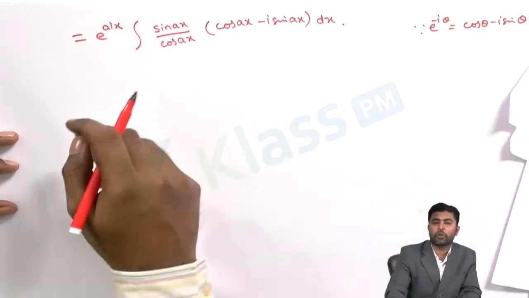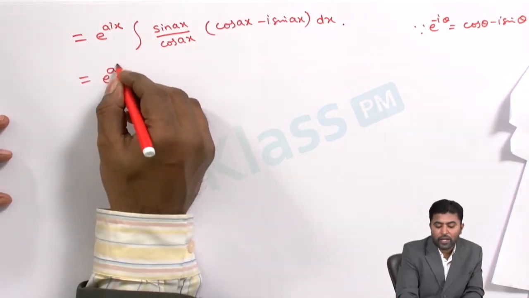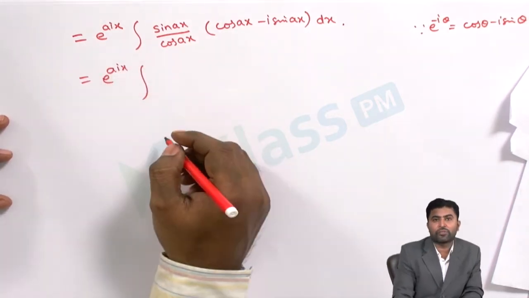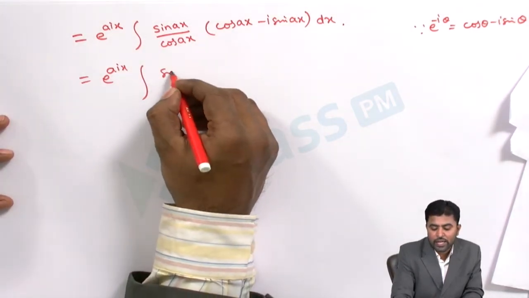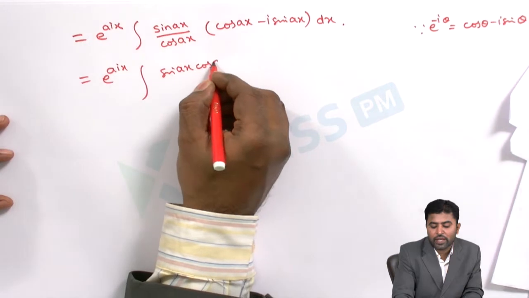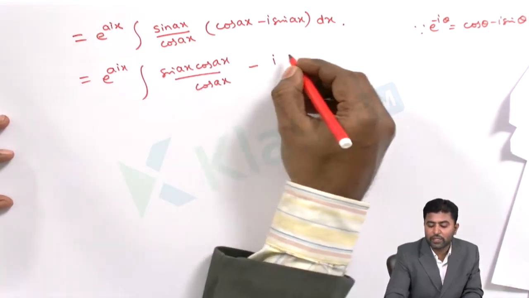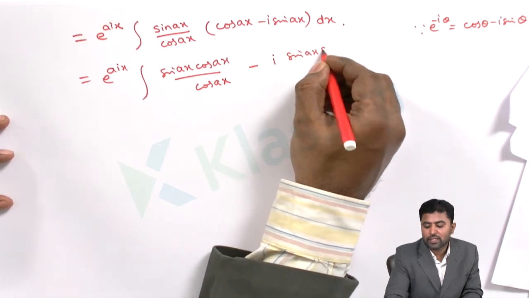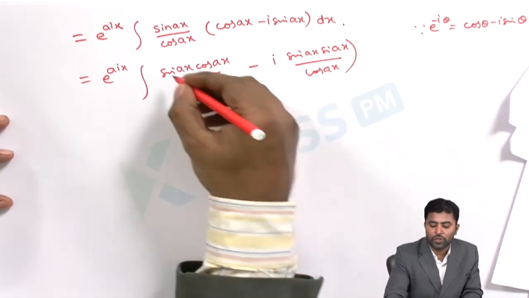So with this, we are able to separate like this. So we can write e power aix integration of, now we'll multiply these terms, sin ax by cos ax into cos ax minus i into sin ax by cos ax into dx.